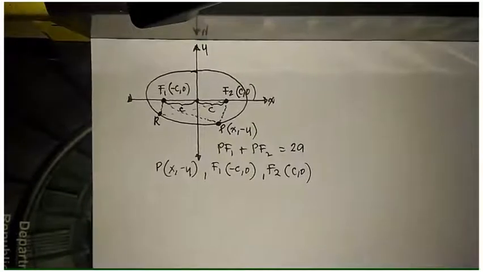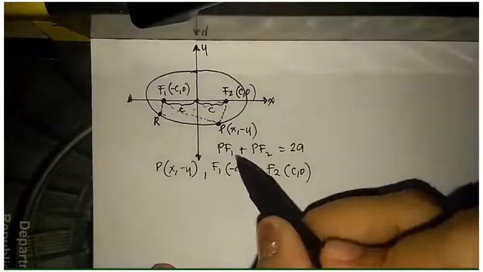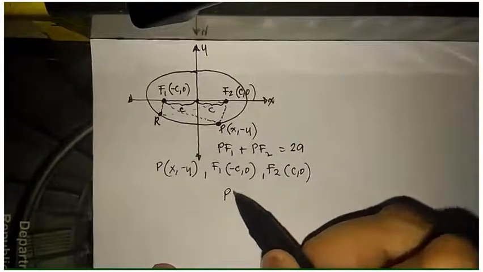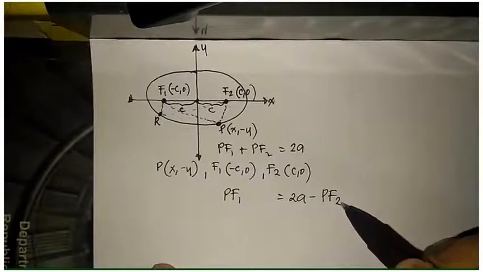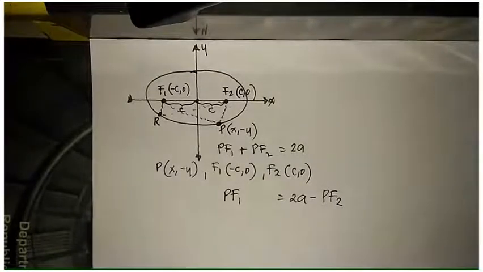And so, we can simplify this to here. We can have P to F sub 1 equal to 2a minus the distance from point P to F sub 2.